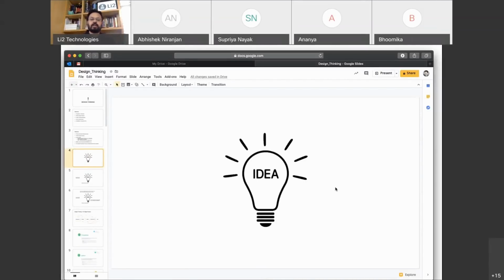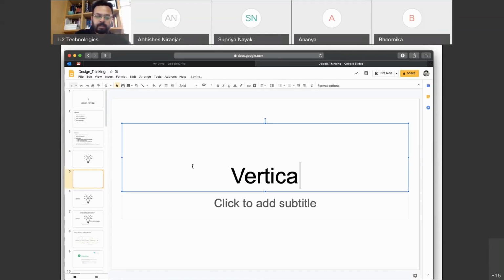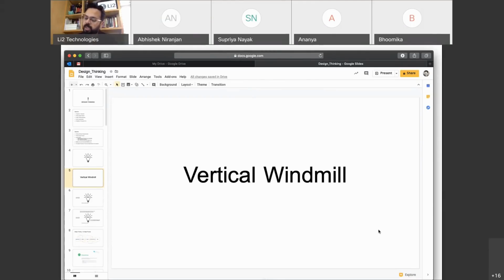So is this an idea, or is this an implementation? Okay, Rishabh says vertical windmill is an implementation.